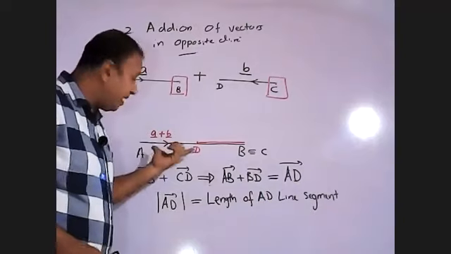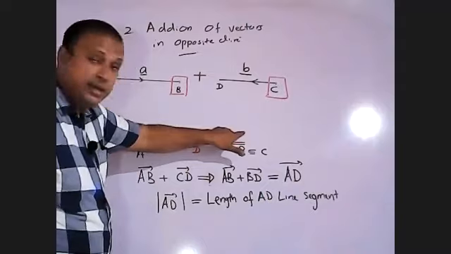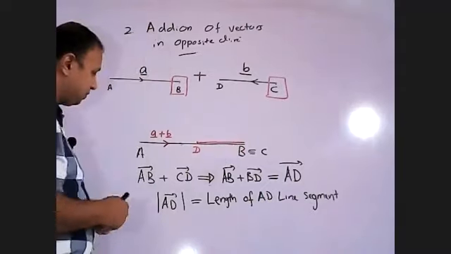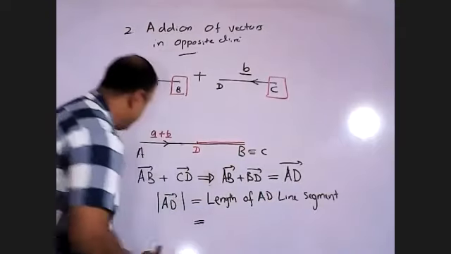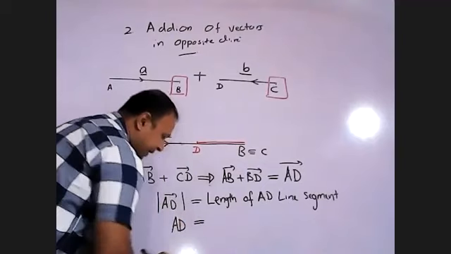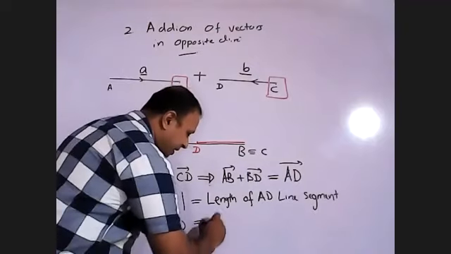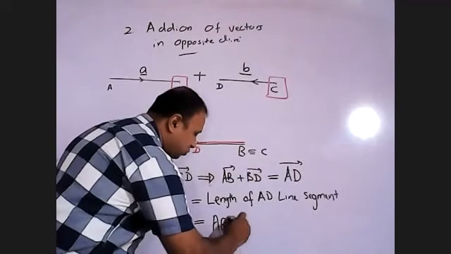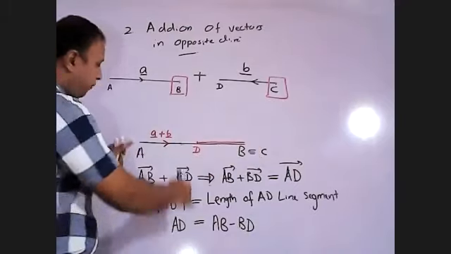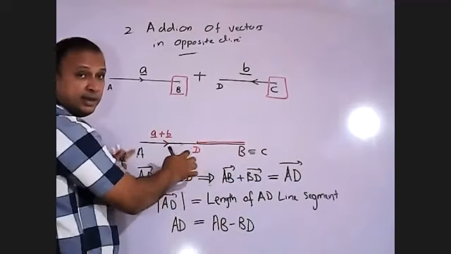I can find the value of the AD line segment by subtracting AB and BD. So AD is equal to AB minus BD. If you subtract BD from AB, you will find the AD length.